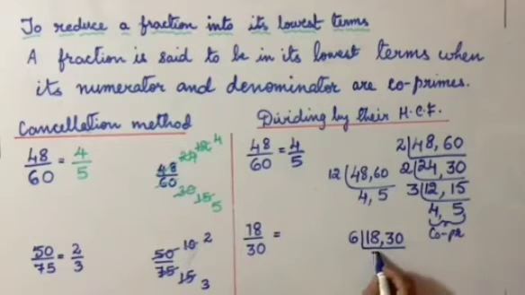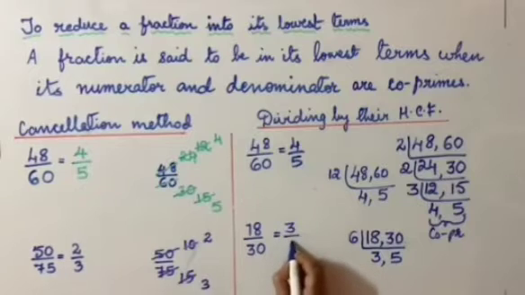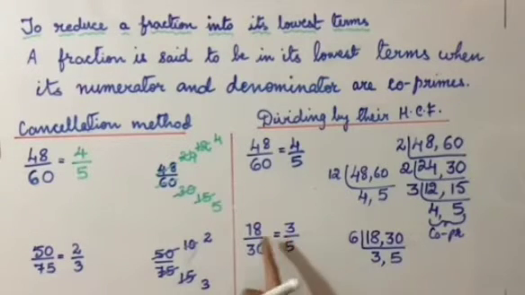So, 6 3s are 18, 6 5s are 30. So, in one step we could do it. Children, I hope you all understood this. This is called simplification, or reducing the fraction to its simplest form or lowest form.